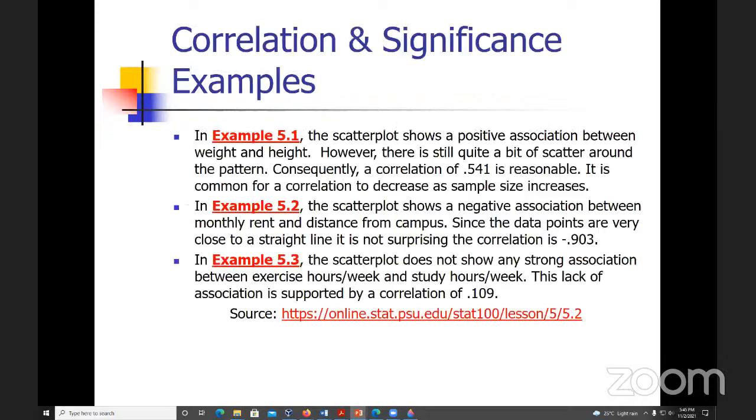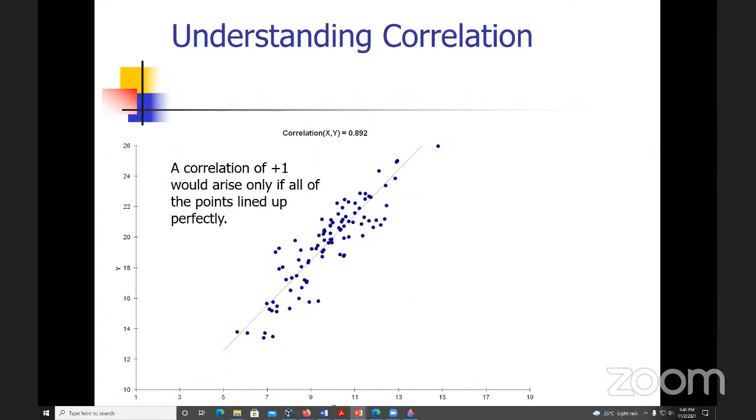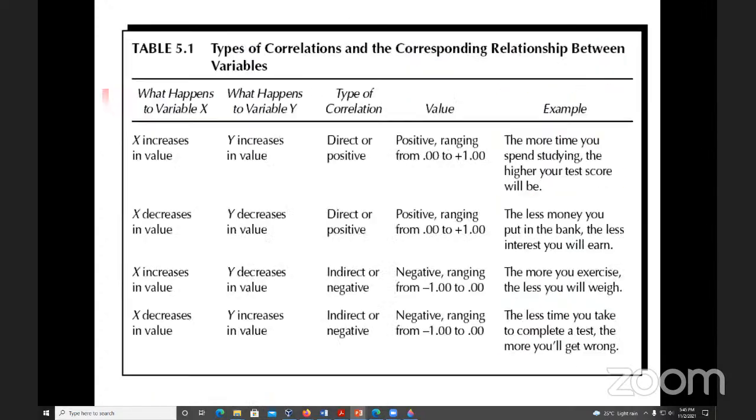So let me go back to these examples right here. If you go to here, perhaps people are thinking that the more time you spend studying, that is causing the higher test scores, and maybe this definitely is causal. Just from logic, we know that the interest is directly related to how much money you have in the bank.